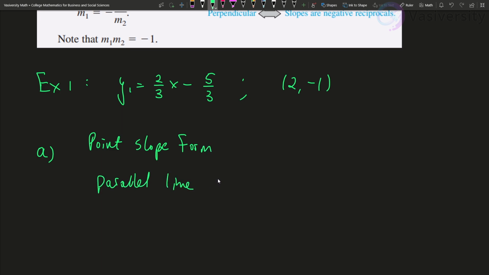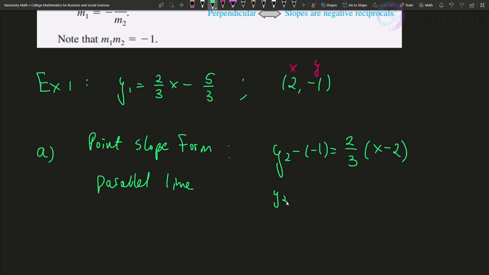Okay, so for the parallel line, we're going to have y2 minus negative 1. Keep in mind, this is the x value, this is the y value. So we plug in the y value for y, and the x value for x there. The slope must be the same, so it should be 2/3 times x minus the x value, which is 2. All right, perfect.